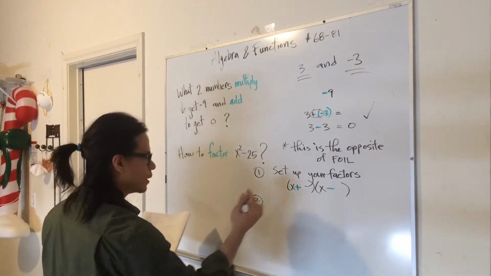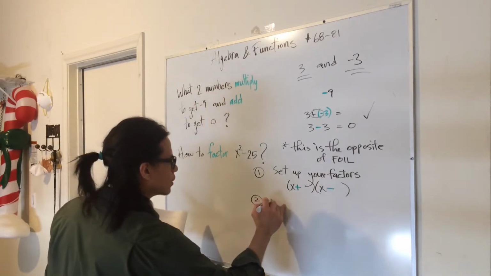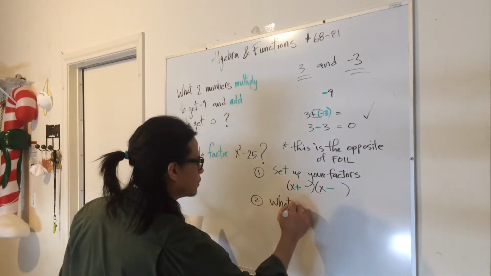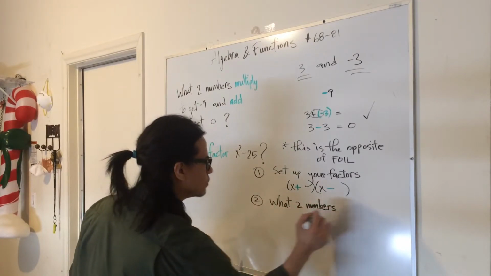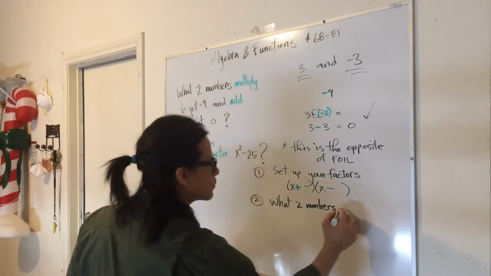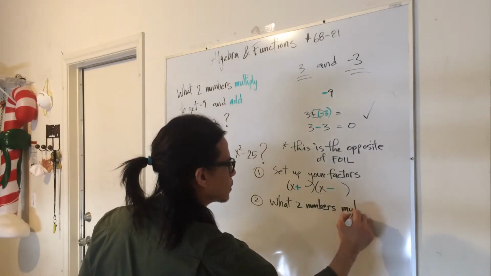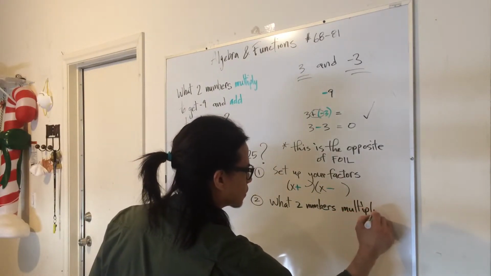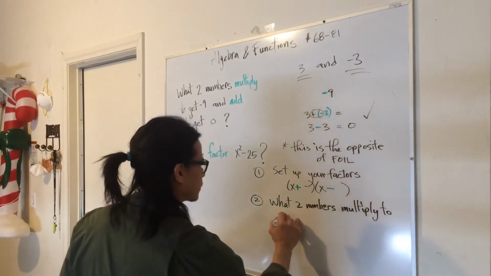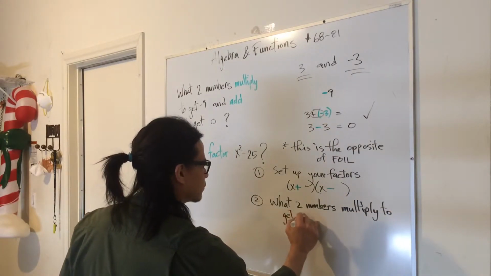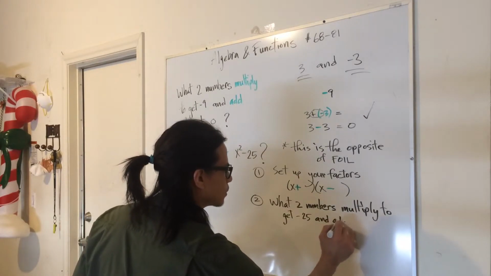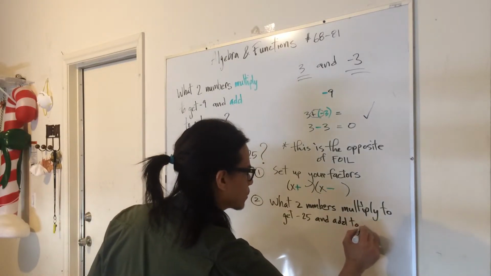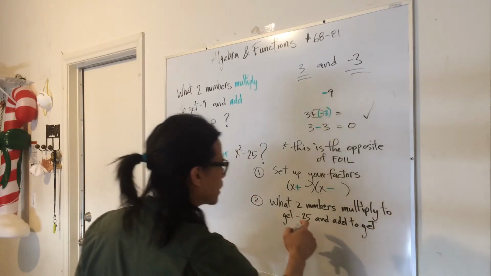Okay, so step 2. We're going to ask ourselves what two numbers multiply to get -25 and add to get 0.